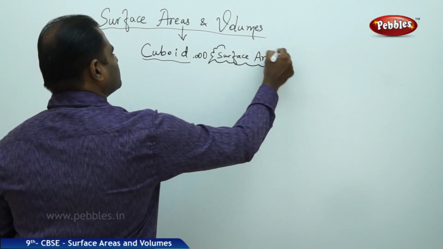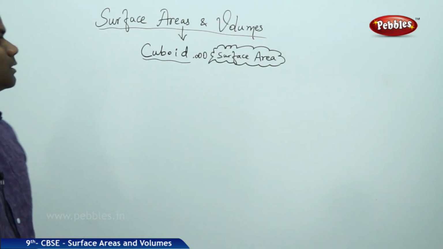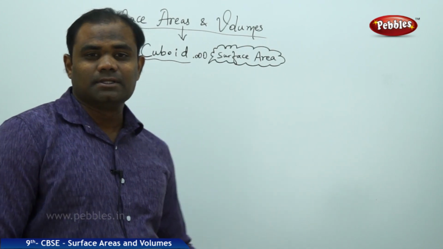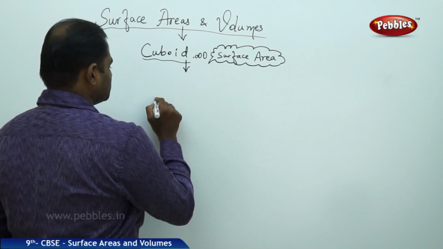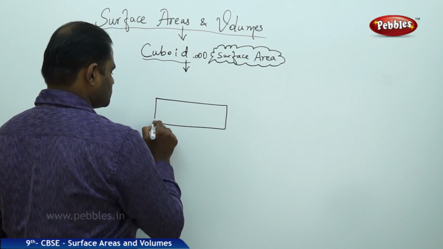So how do we find the surface area of the cuboid? Let's see in brief. Imagine I take a cuboid which is in the shape of a box.